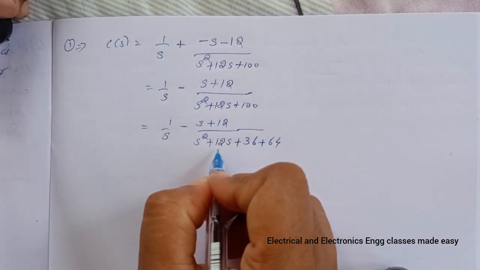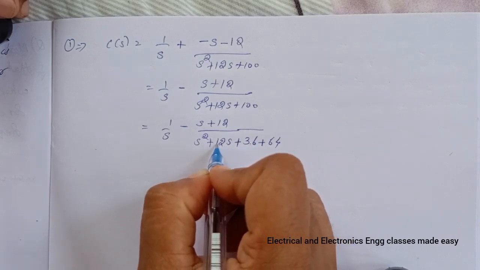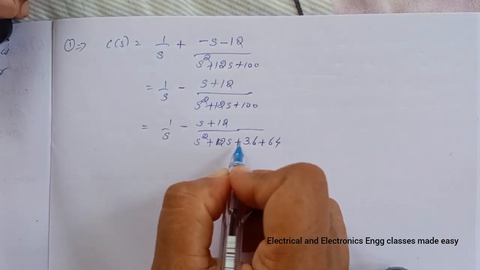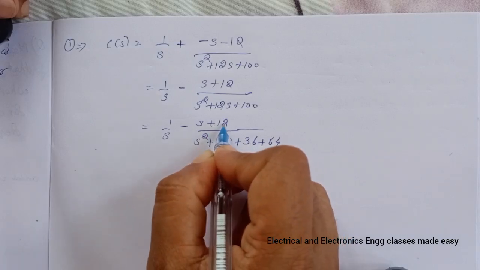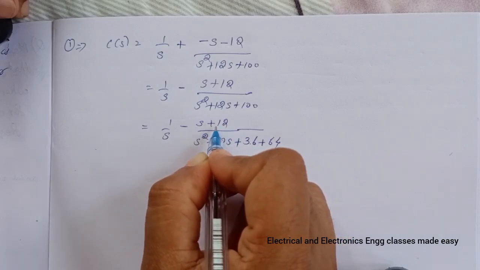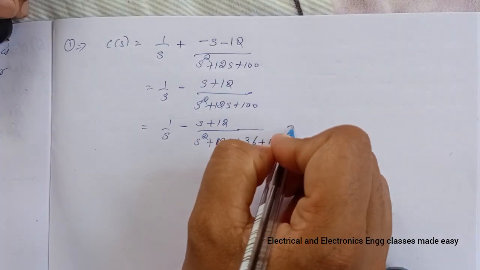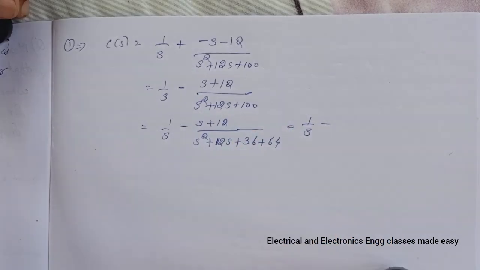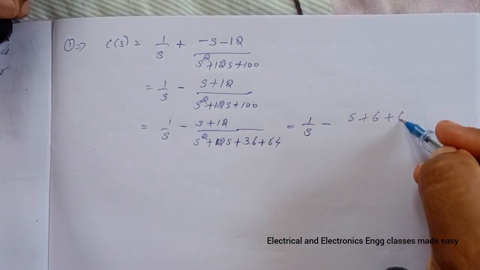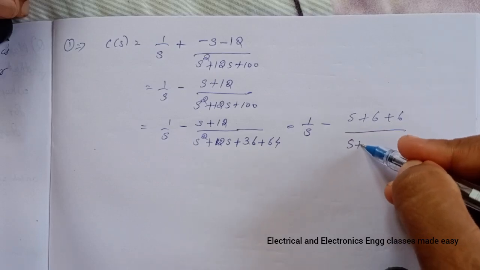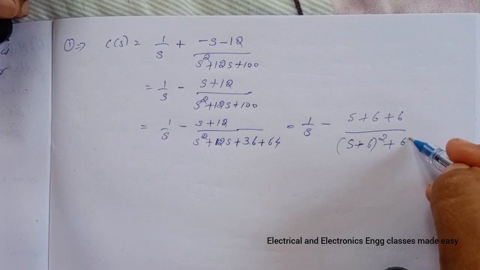We can write s plus 12 as s plus 6 plus 6, so that it is 1 divided by s minus (s plus 6 plus 6) divided by (s plus 6) the whole square plus 64.